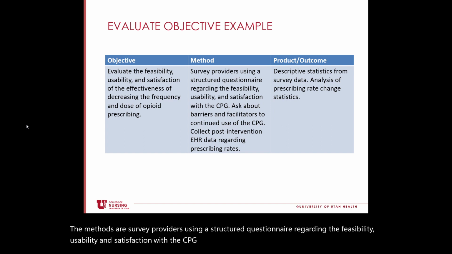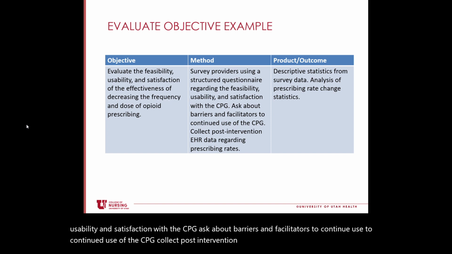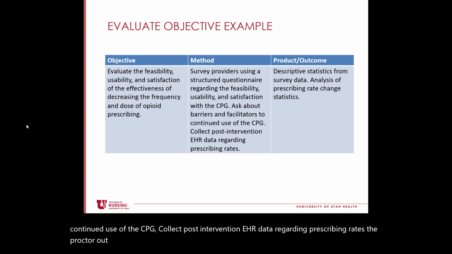Ask about barriers and facilitators to continued use of the CPG. Collect post-intervention EHR data regarding prescribing rates. The product or outcome will be descriptive statistics from survey data, analysis of prescribing rate change statistics.